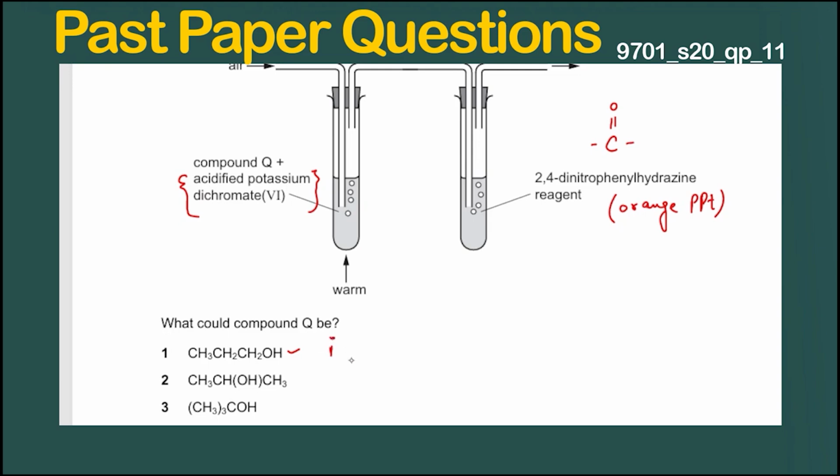This is primary alcohol. When it oxidizes, it will give you aldehyde, and when aldehyde reacts with 2,4-DNPH, it will give you orange precipitate. So that's why statement 1 is correct.